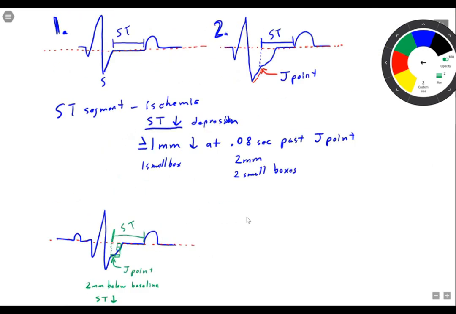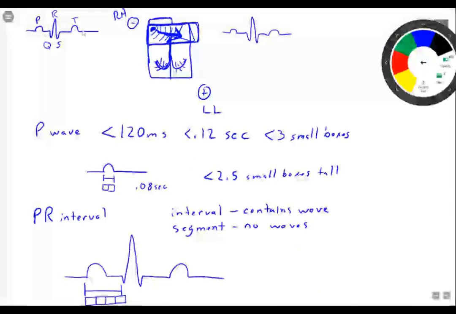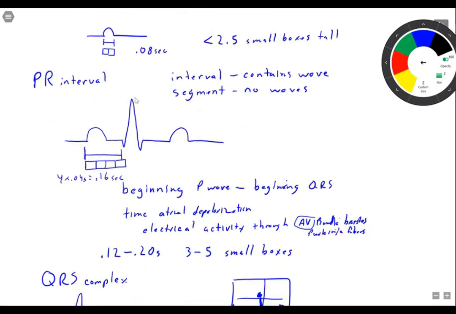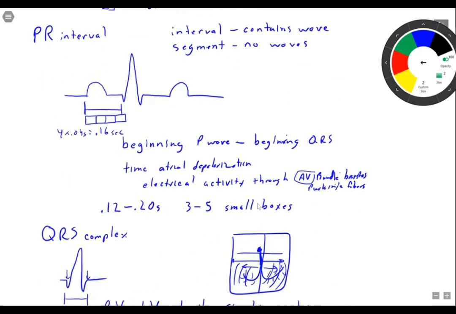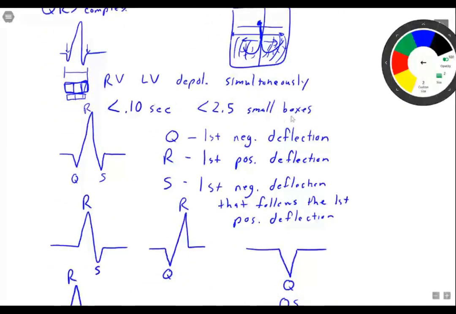All right. So in this video, we identified the waves, the intervals, and segments in a typical cardiac cycle, a PQRST. The P wave has a certain duration, should be less than 3 small boxes. The PR interval should be between 3 and 5 small boxes. The QRS complex should be less than 2.5 small boxes.